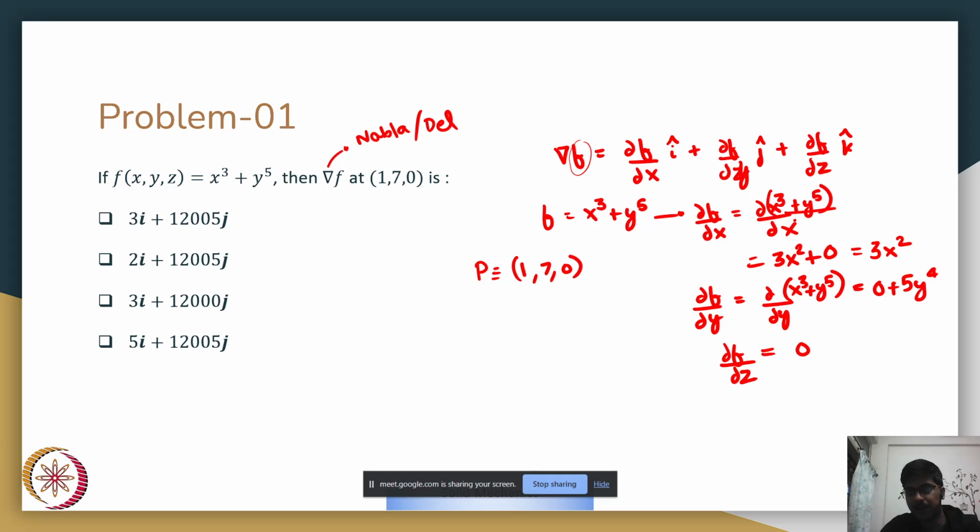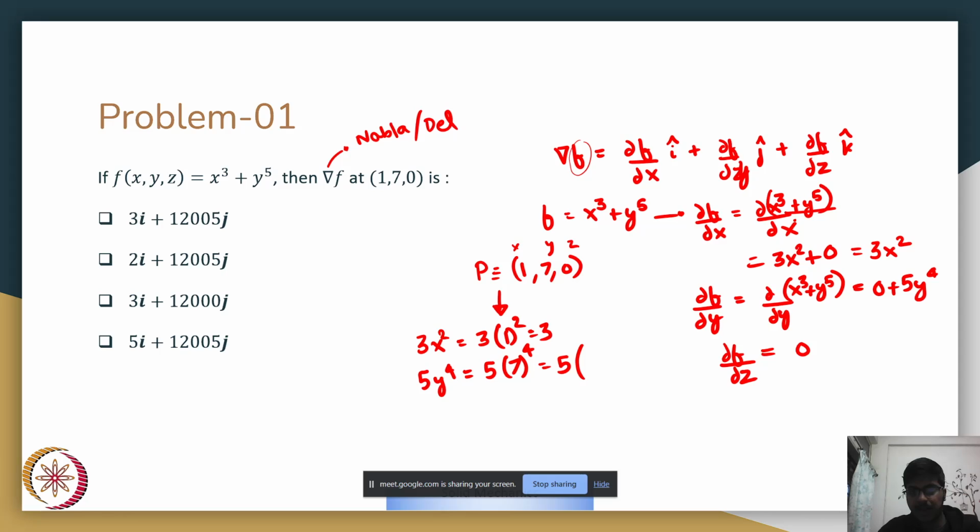In this particular case, we are given the point P to be (1, 7, 0). So we substitute x equal to 1, y equal to 7, and z equal to 0 in this equation. Therefore, we would get 3x squared to be equal to 3 times 1, which is nothing but 3, and 5y to the power 4 is nothing but 5 times 7 to the power 4.